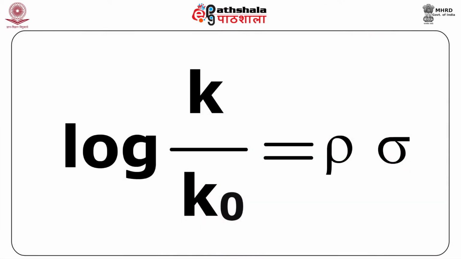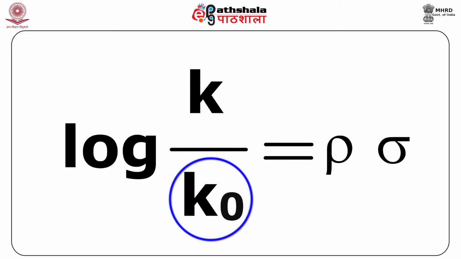The best known equation for this is the Hammett equation, which was originally deduced for the benzoic acid ionization equilibrium and defined as log K by K naught is equal to rho sigma. Students, in this equation, K is the rate or equilibrium constant for a substituted compound in a reaction series.